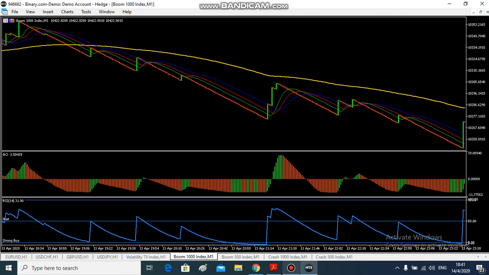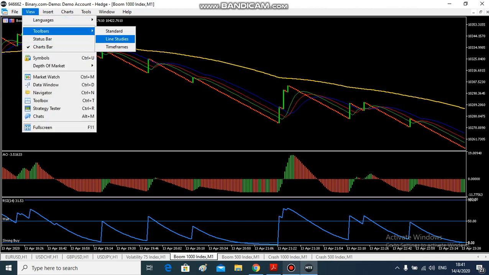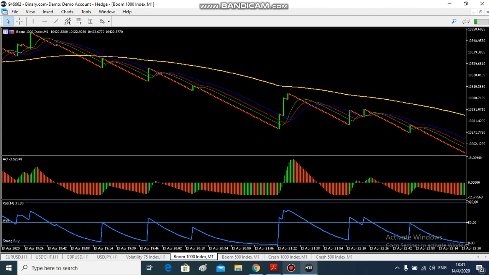So that's why we'll be scalping after the spike. When we're scalping, we only trade after the spike has just happened. Number one, that is our condition, and number two is when price is below the Alligator.